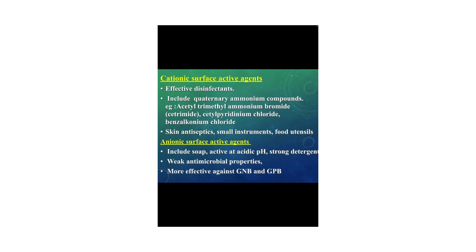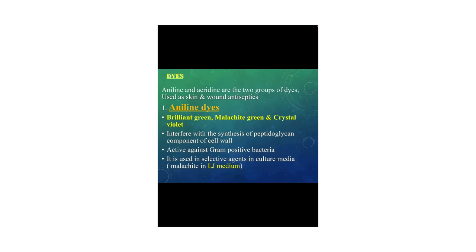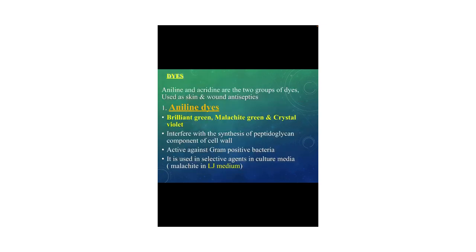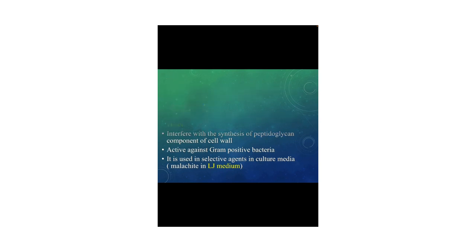And then cationic surface-active agents are effective disinfectants, including quaternary ammonium compounds, skin antiseptics, small instruments, food utensils, etc. Then anionic surface-active agents include soap, which is active at acidic pH, a strong detergent. It has weak antimicrobial properties, more effective against gram-positive bacteria and gram-negative bacteria. Then dyes. Aniline and acridine dyes are the two examples of dyes.